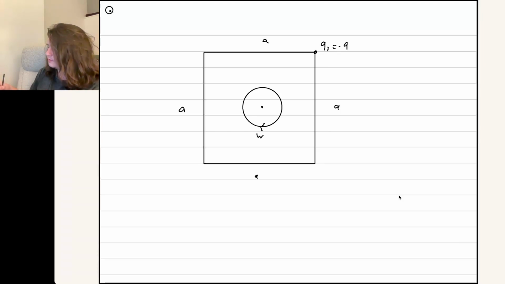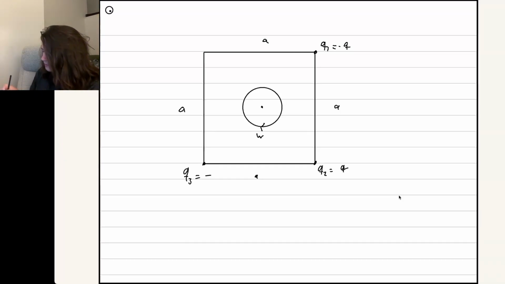It's going to be minus Q. Q2 is equal to plus Q. I'm going to write them like this. And then Q3 equals minus Q, and then Q4 is equal to plus Q again.